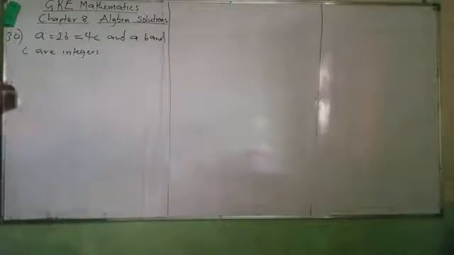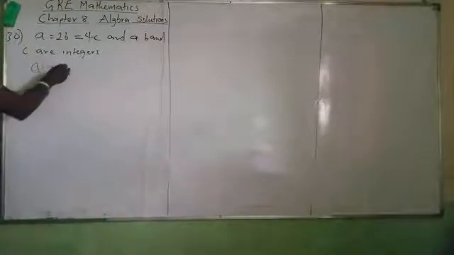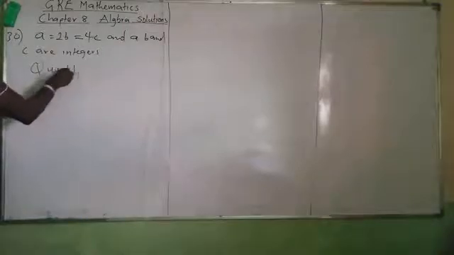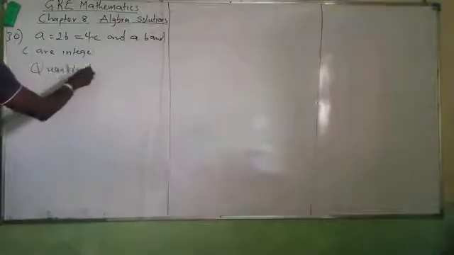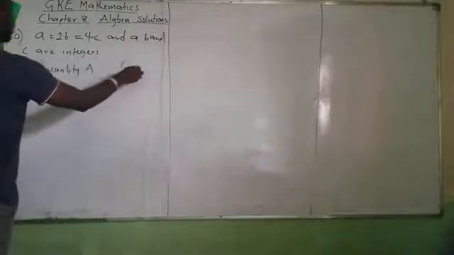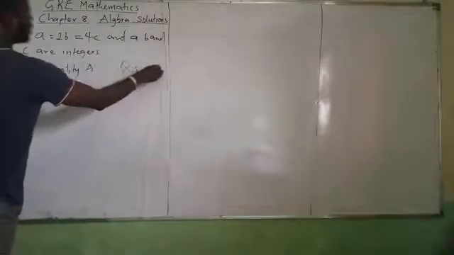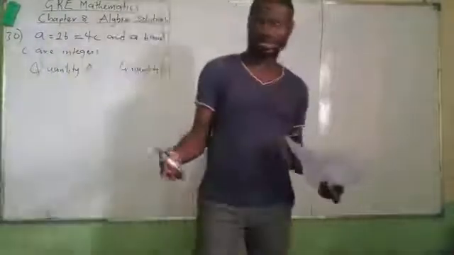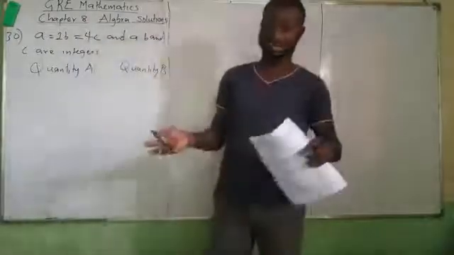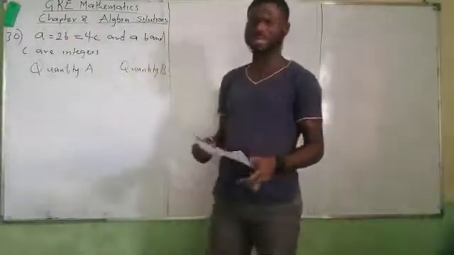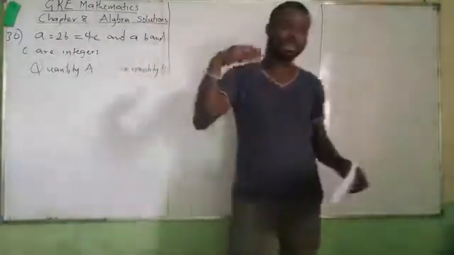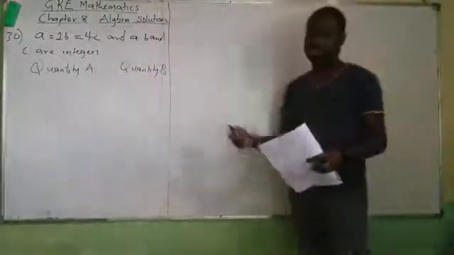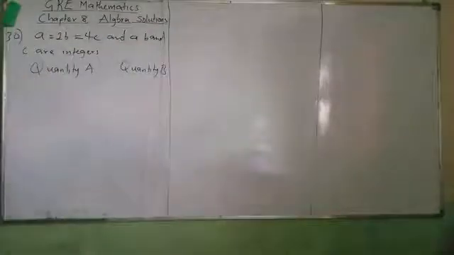In this GRE, you'll be talking about quantities. Something very common there is that you'll have quantity A and quantity B. What you want to know is their relation: is it greater, is it equal, is it less? That is relation in mathematics. Back in advanced mathematics we talk about transitive relation and symmetric relation, but I'm not here to talk about that. I have number 30 to work on.